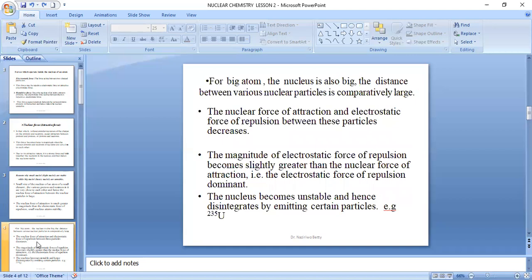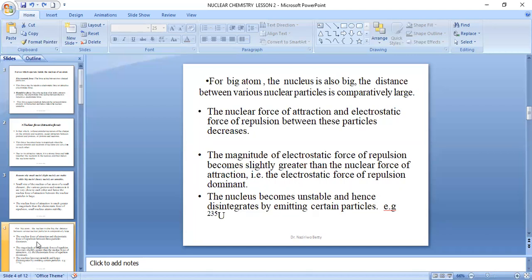It has also been found that the magnitude of the electrostatic force of repulsion becomes slightly greater than the nuclear force of attraction. And as a result, the electrostatic force of repulsion dominates. The nucleus becomes unstable and hence disintegrates by emitting certain particles.